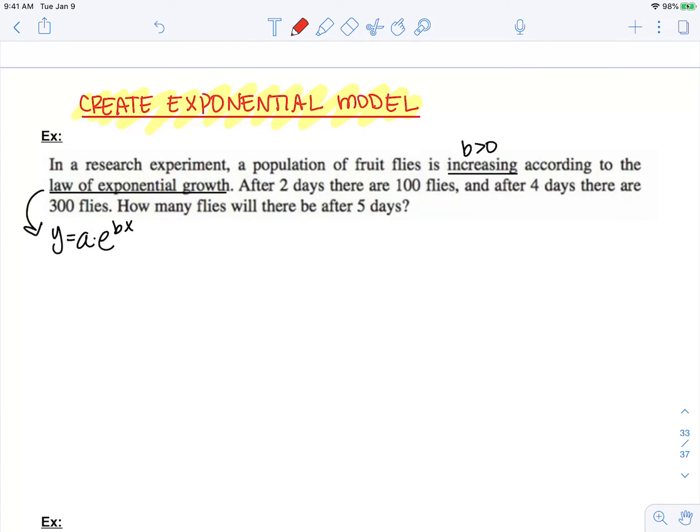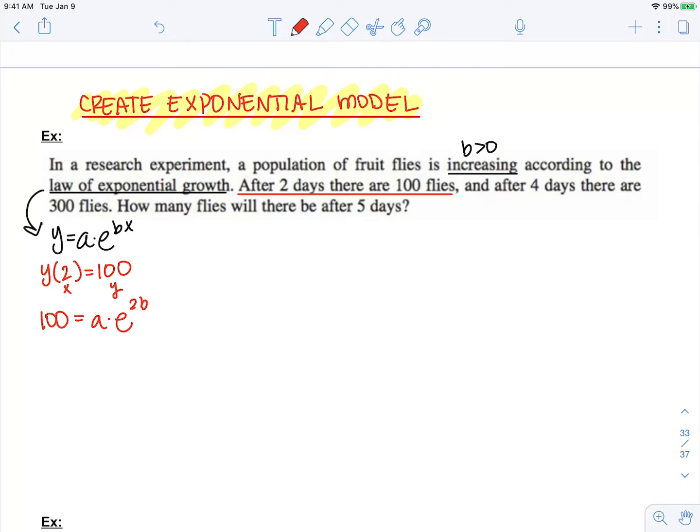After 2 days, there are 100 flies. So that means y of 2 equals 100. That means when x is 2, y is 100. So I can plug that into this equation: 100 equals a times e to the 2b.